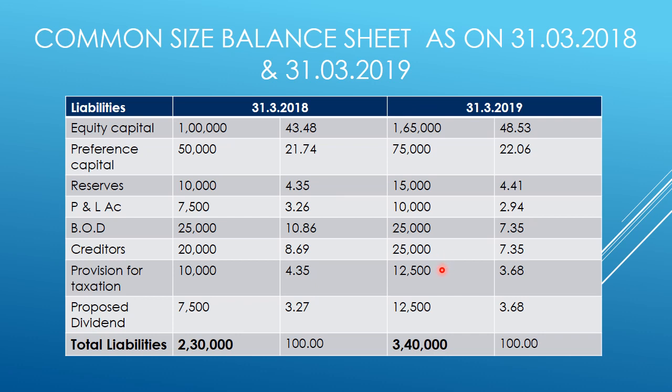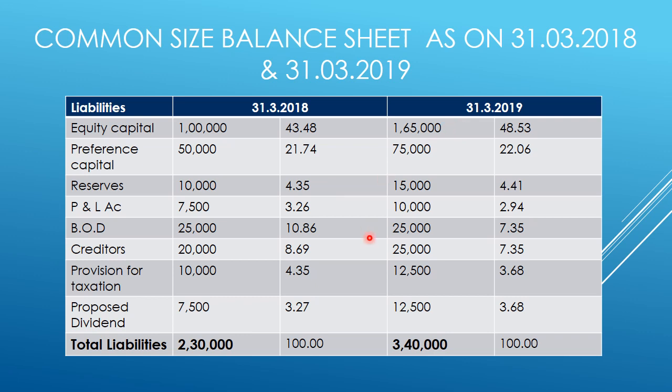But when you look at the whole picture from the total liabilities point of view, from the total balance sheet point of view, even though it seems to be a 65% rise in equity capital, actually it is just a 48.53% rise, which previously was 43.48. That means the net rise is around 5%. 48 minus 43, that's around 5% rise only.